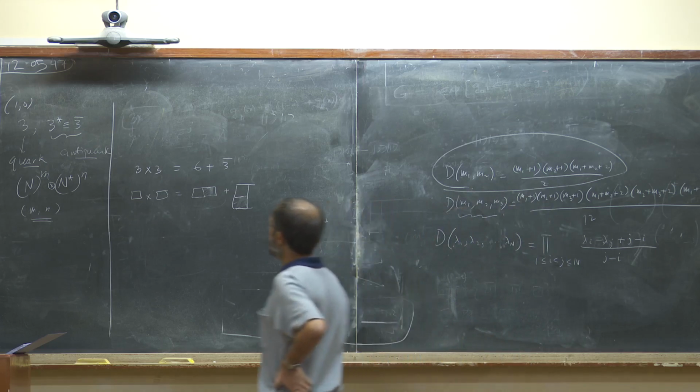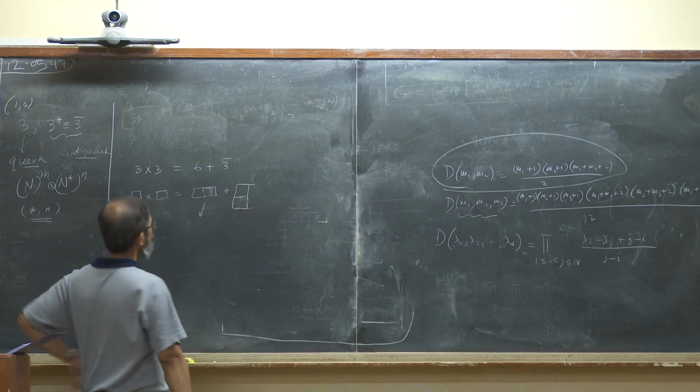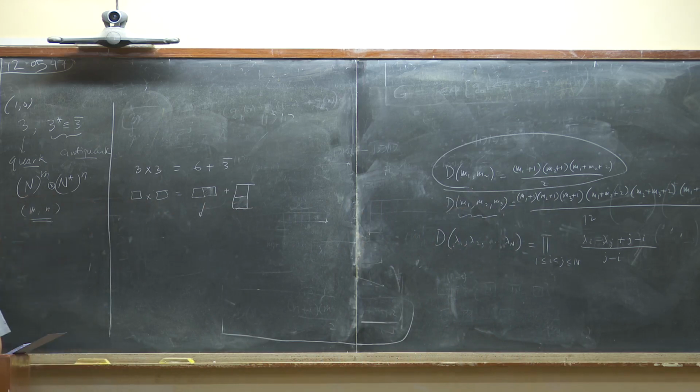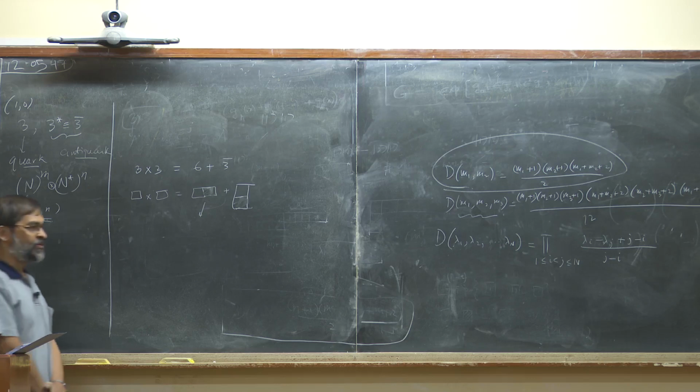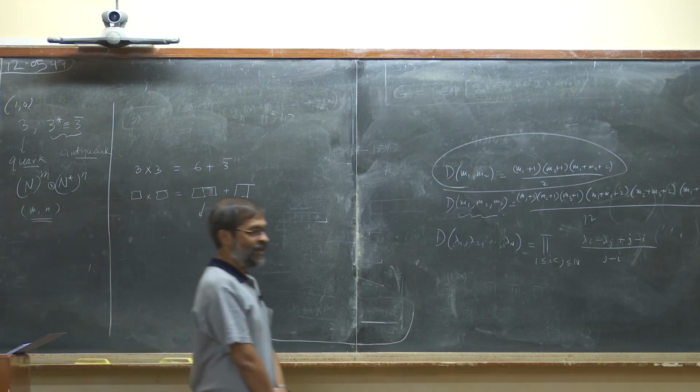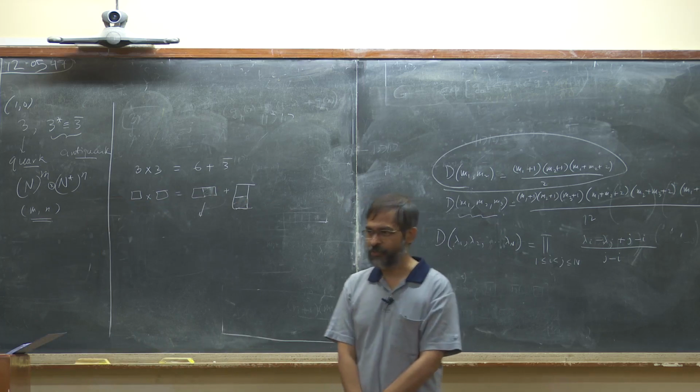Okay, so what are the M1, M2 values for this? Remember what M1 is. M1 is the number of columns of height 1, and M2 is the number of columns of height 2.